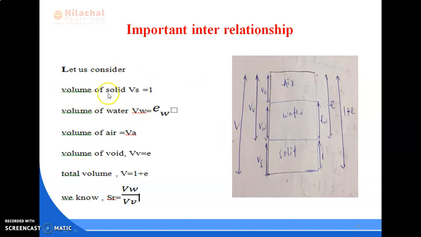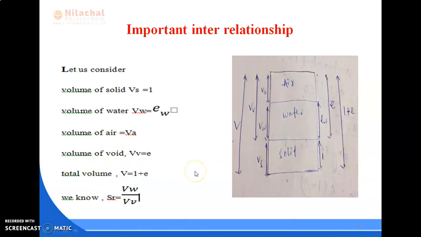We write here: let us consider volume of solid Vs equals 1 as shown in this figure. Volume of water Vw equals ew. Volume of air Va. Volume of void Vv equals e. Total volume V equals 1 plus e.